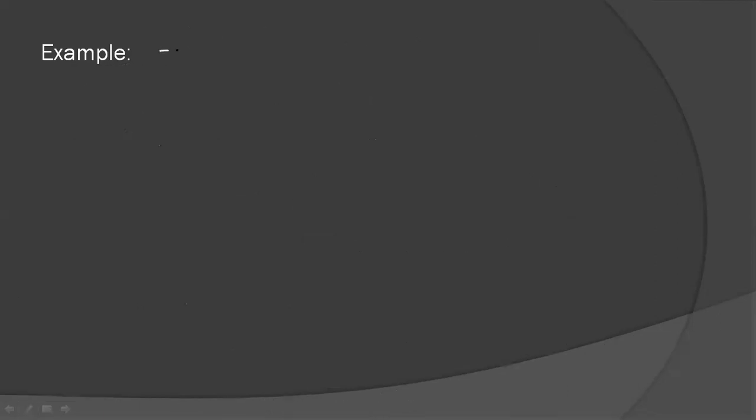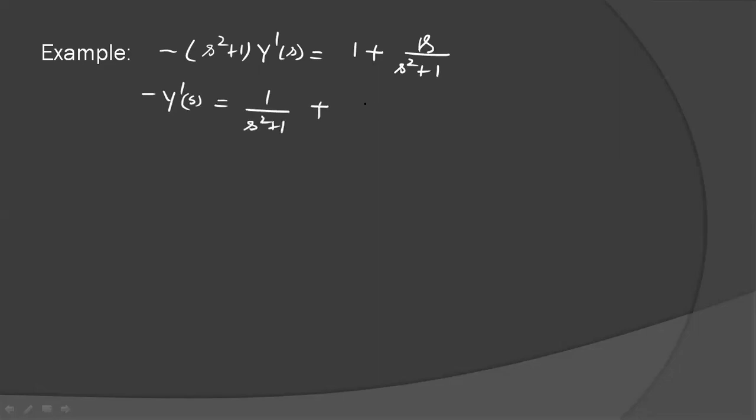So minus (s square plus 1) Y dash(s) equal to 1 plus 1 over s square plus 1 plus s over s square plus 1. What we do? We divide by s square plus 1. So minus Y dash(s) equal to 1 over s square plus 1 plus s over (s square plus 1) whole square.